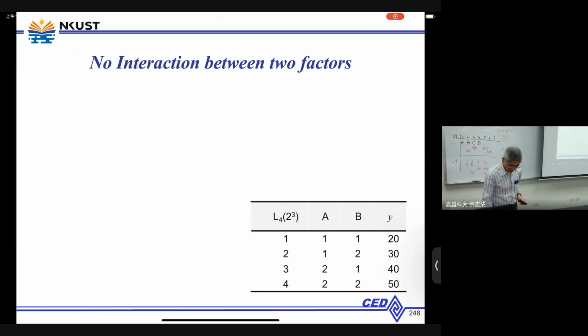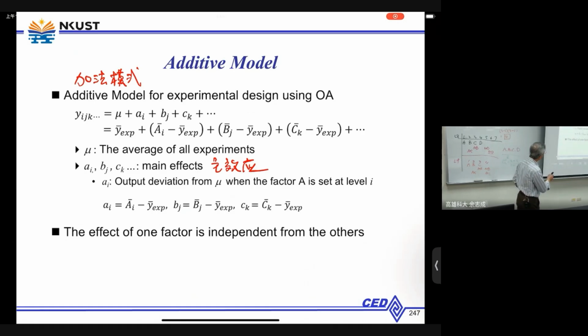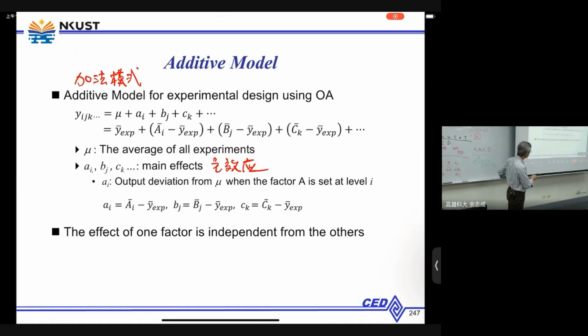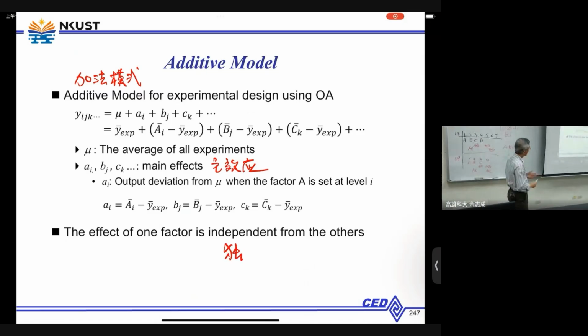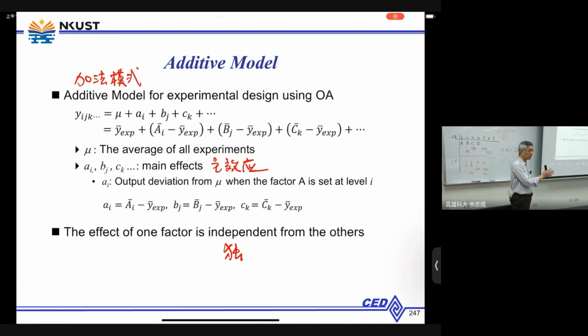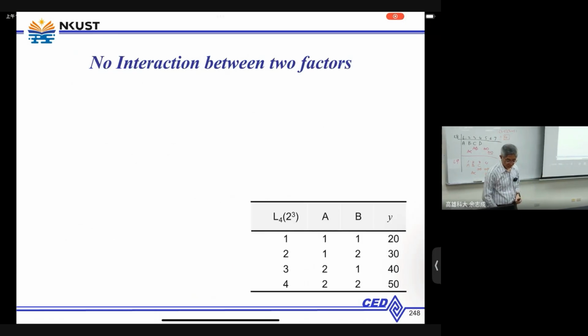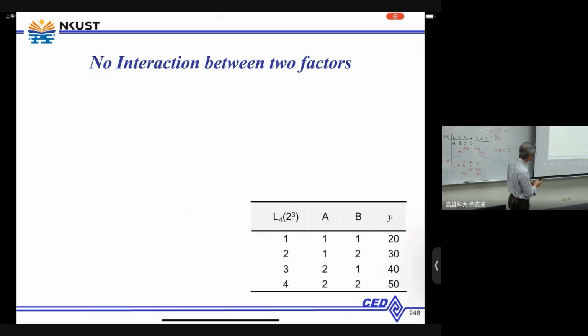And in this model, all the effects are independent, because it is a linear model. So the output will be a summation of each main effect. Therefore, they are independent. One selection of a factor will not affect another selection of our factors. When there is no interaction between two factors, this is one of the cases.